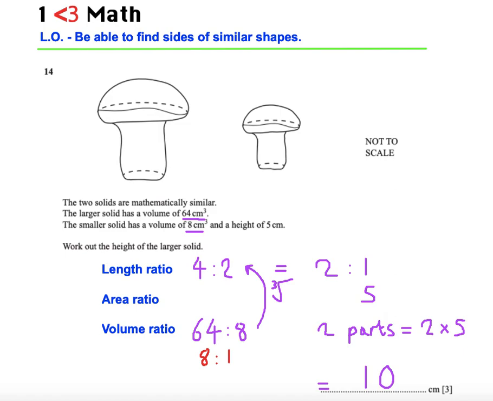So then what we can do with that, if we needed to find the area ratio, we could square it. So to go from length ratio to area ratio, we would square it, and we would have an area ratio of 4 to 1. So anyway, bear that in mind for future questions.